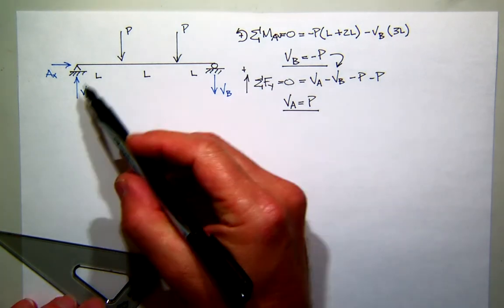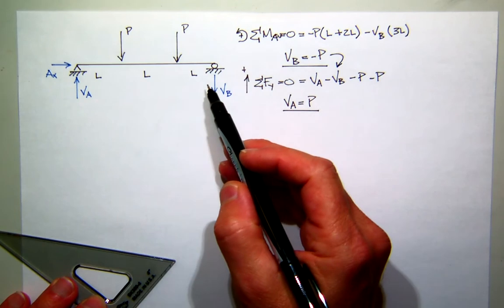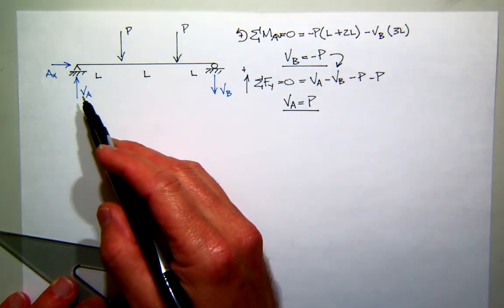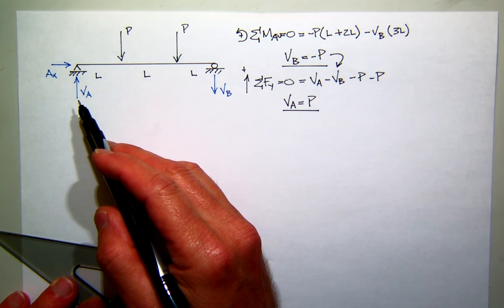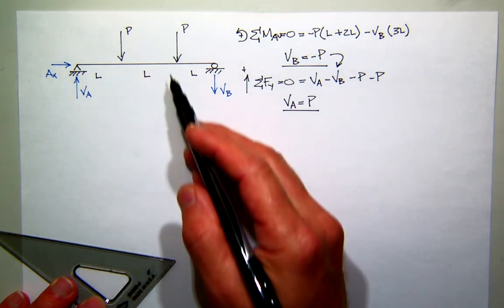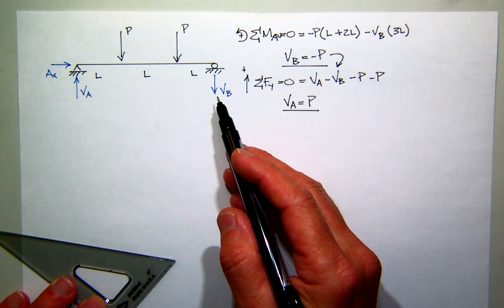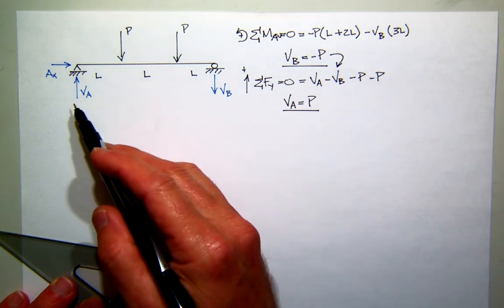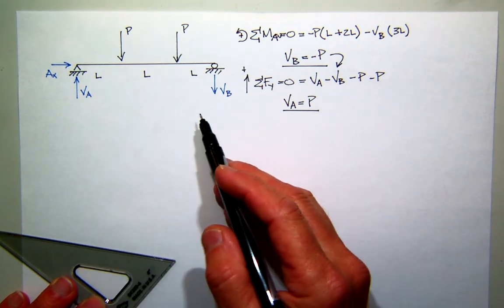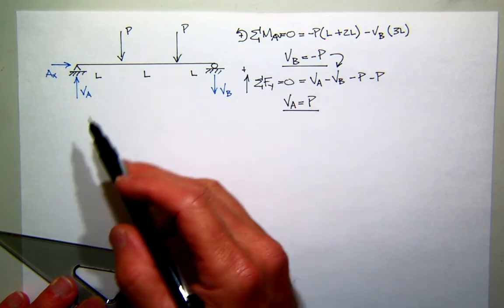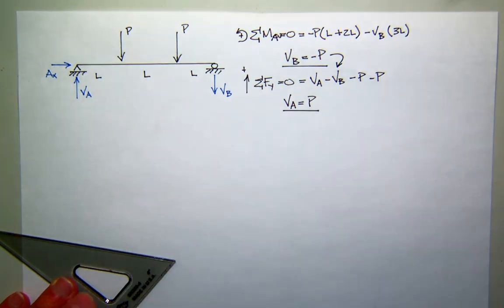So I'm assuming positive shear on both ends, but it's telling me that when I start my diagram here at A, what should my shear value be? Positive P. And no matter what it does as I move through here, what should it be when I make it to B? Negative P. So you have a starting place and you have an ending point. So you have a place to start and a destination. If you can't match those 2 points, then you've done something wrong in the construction of the diagram.